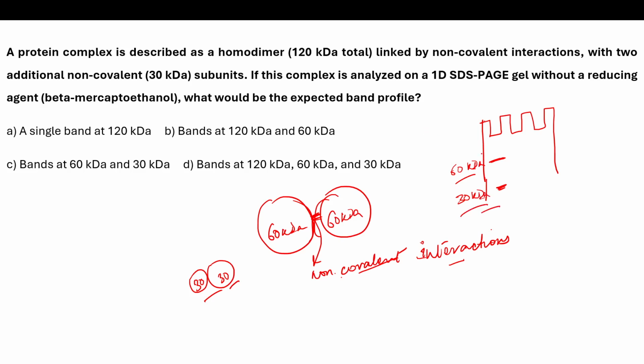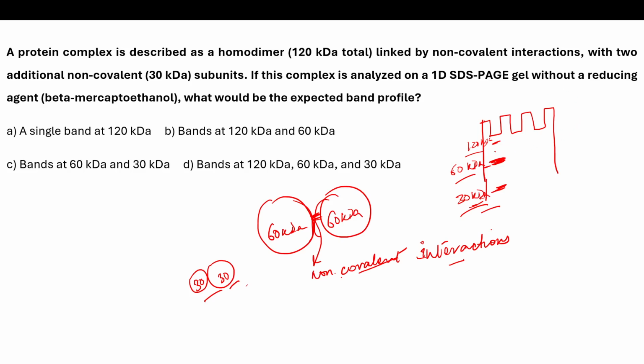It's not that the homodimer will run as a homodimer at 120 kDa. Because this is a denaturing PAGE, there will be two 60 kDa individual subunits running at 60 kDa, and two 30 kDa subunits which will run at the level of a 30 kDa protein.